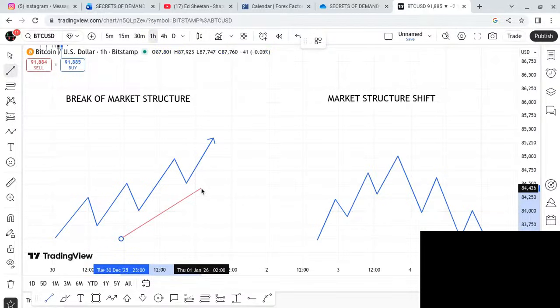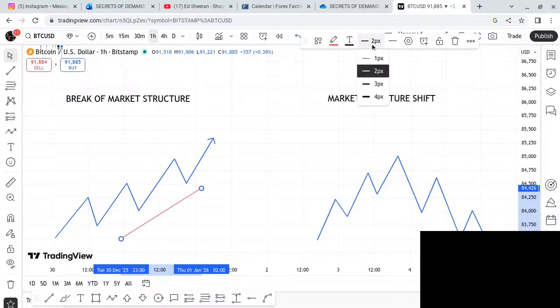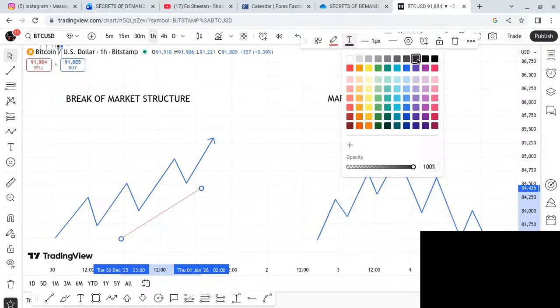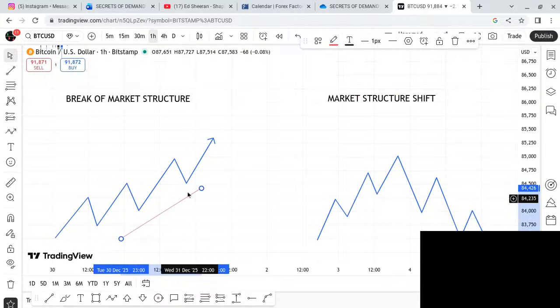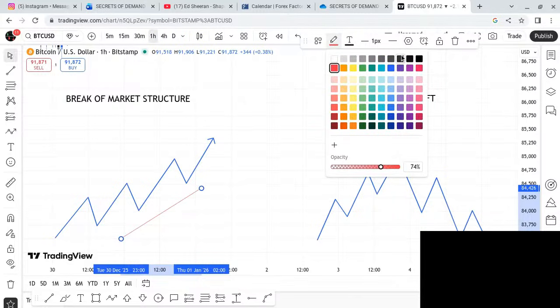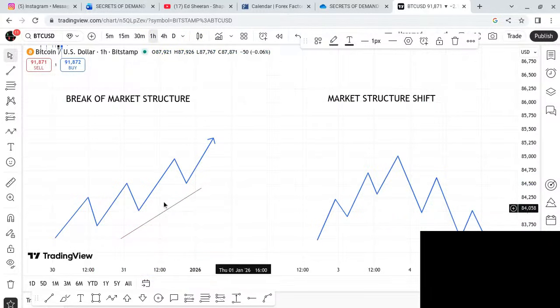The market kept the trend, which was an uptrend.